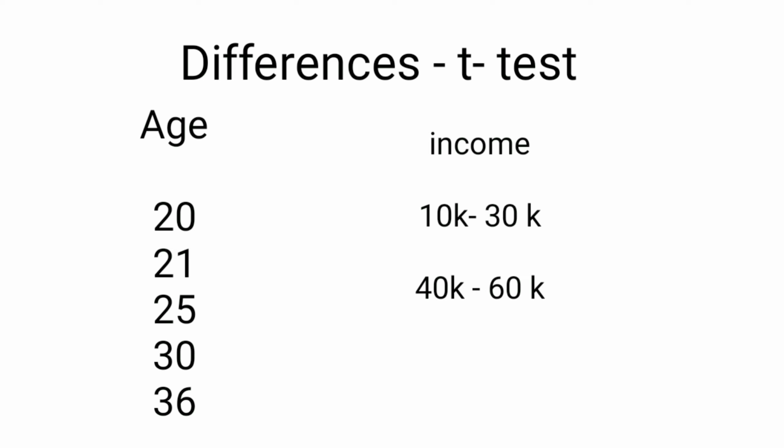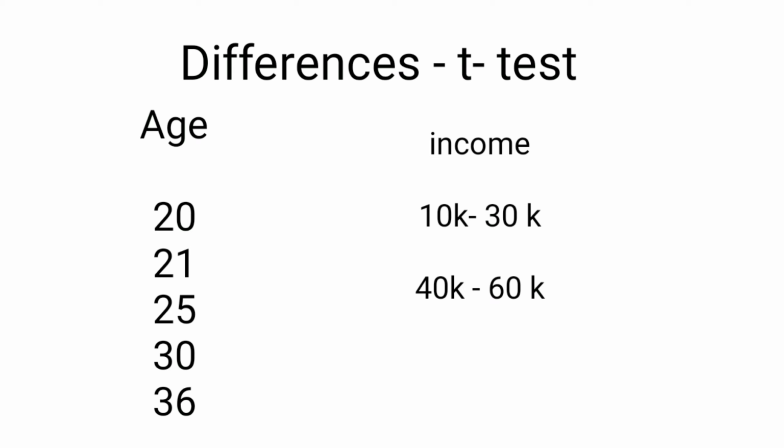So how can you differentiate ANOVA and t-test? If one variable consists of actual data and the other variable consists of categorical data with two categories, then you can go for t-test. Here age is actual data; I haven't made any category for the variable called age.